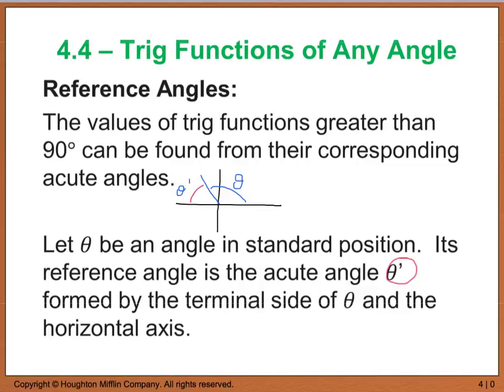Now I'm going to look at an angle down here, going all the way around here, and this over here is going to be theta prime. Well, if I want to find that theta prime, I'm going to take 2 pi and subtract the theta angle, and that's going to give me my theta prime angle.